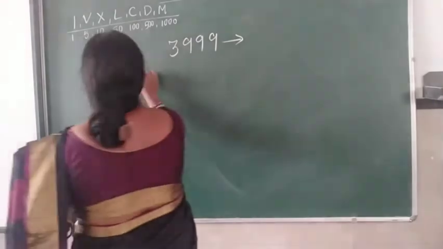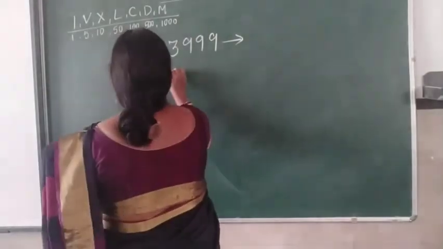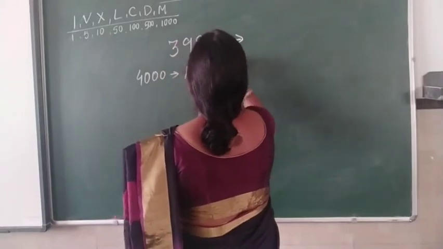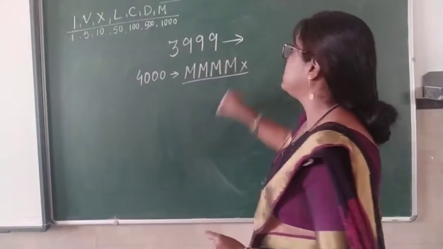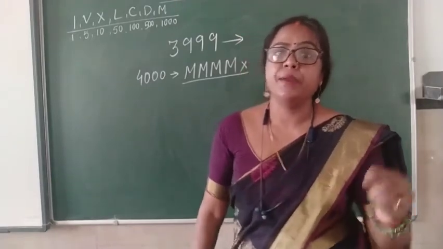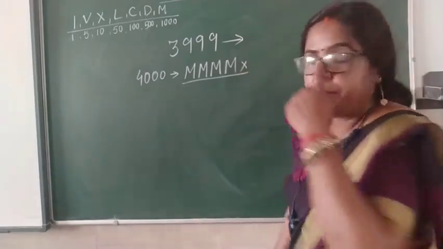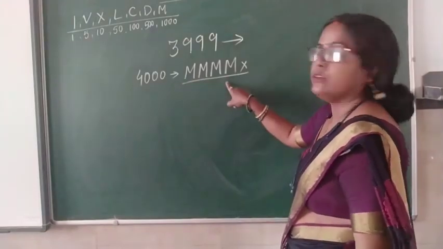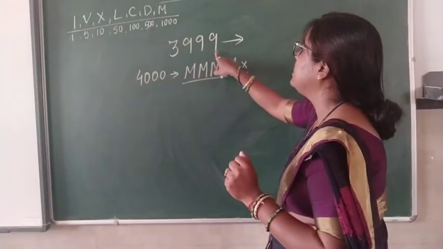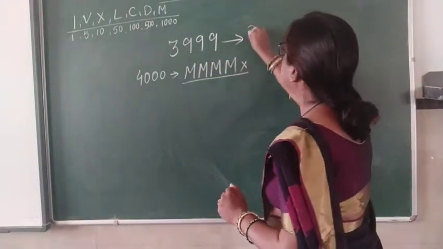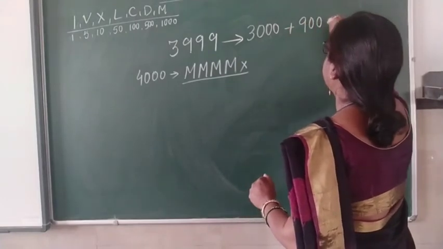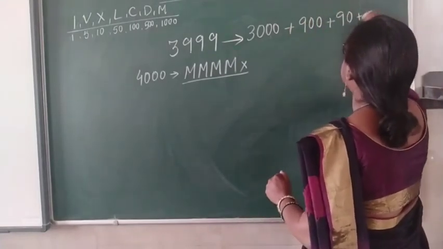Because after that the number is 4000, and 4000 means you have to repeat M four times, which is not possible as per the rule. We cannot repeat any symbol more than 3 times. It means we are not able to write 4000 like this. So the greatest possible number we can write is 3999, that is 3000 plus 900 plus 90 plus 9.